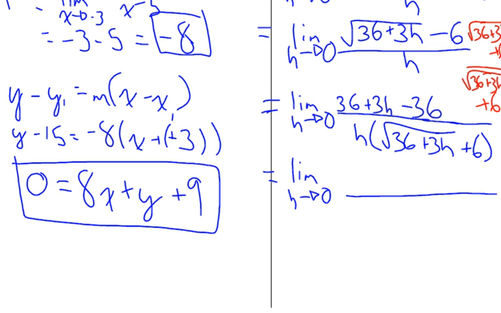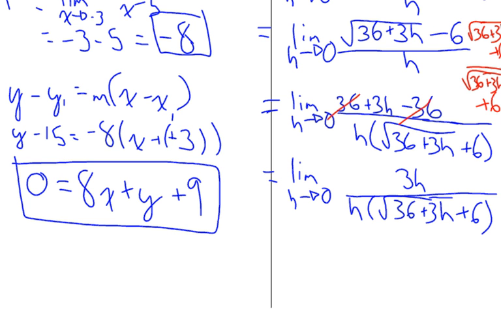So these 36s cancel. We're left with 3h on the top. And on the bottom, we've got the same thing, so we've got h times square root of 36 plus 3h plus 6.